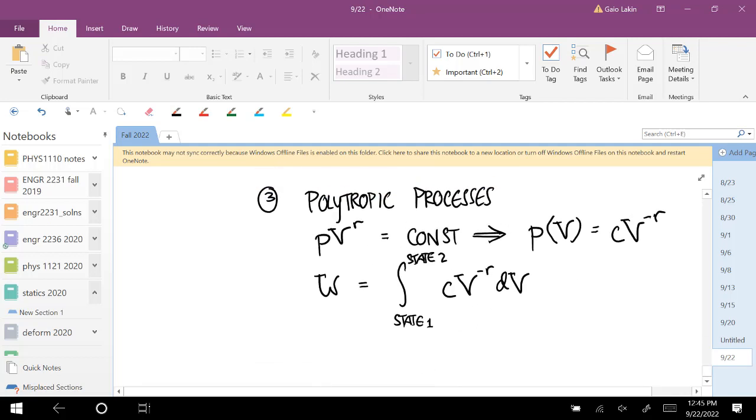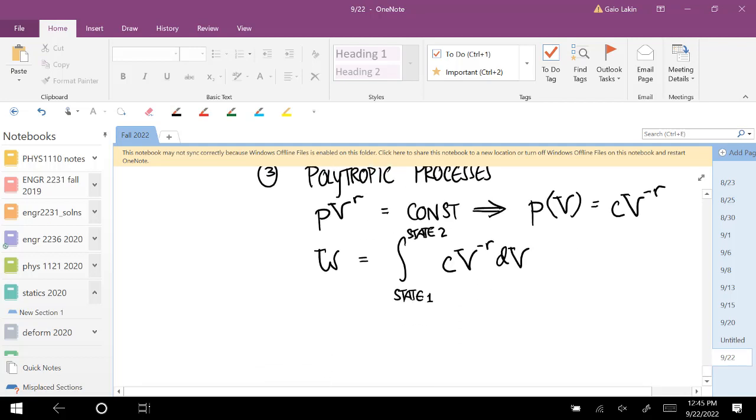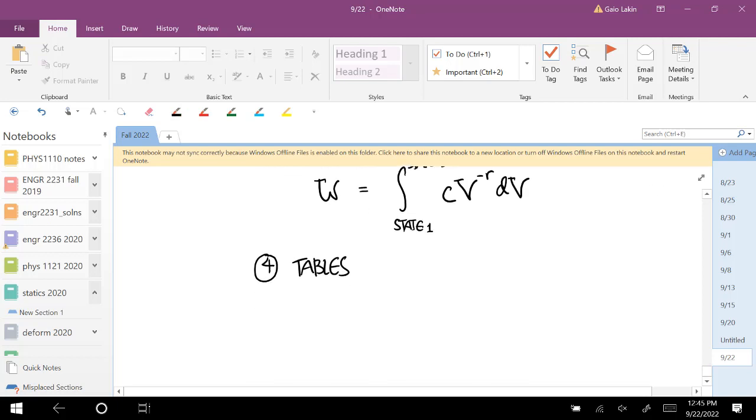Polytropic processes. So next is tables. This is an important one. For tables, the main thing is that you have to know how to look stuff up.